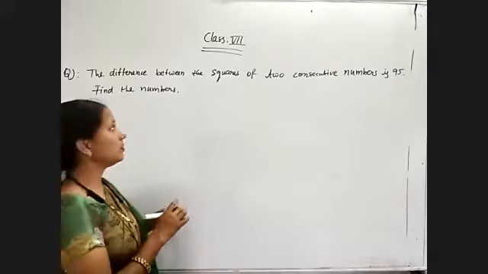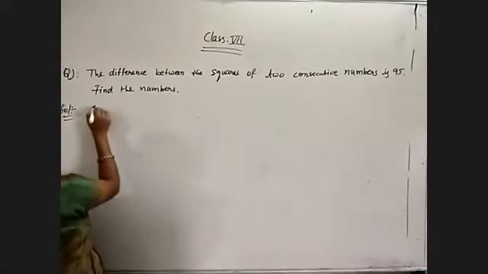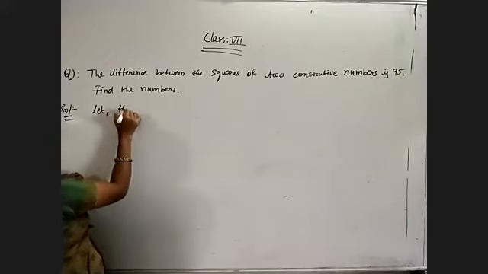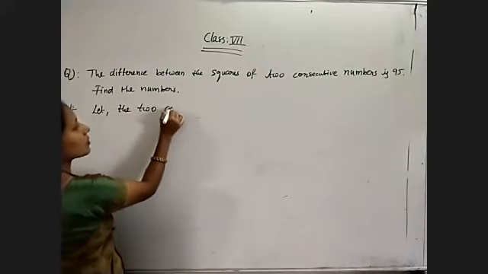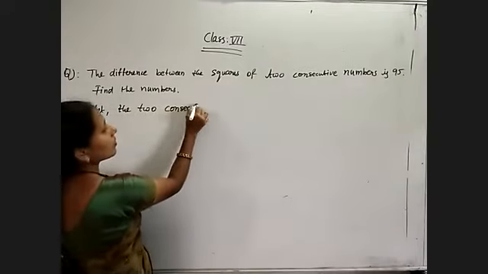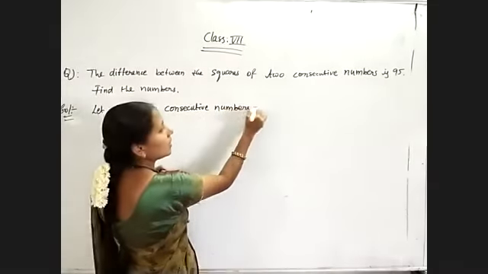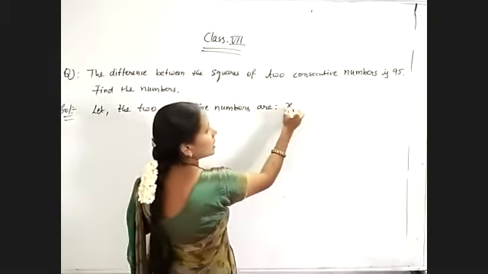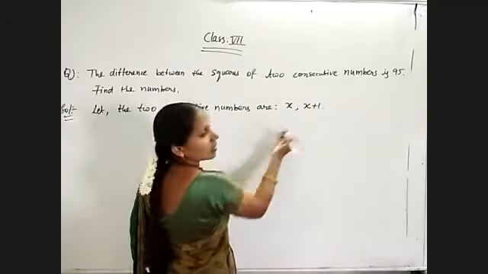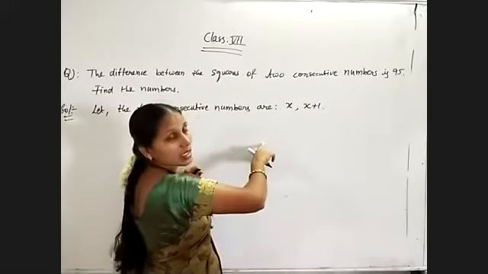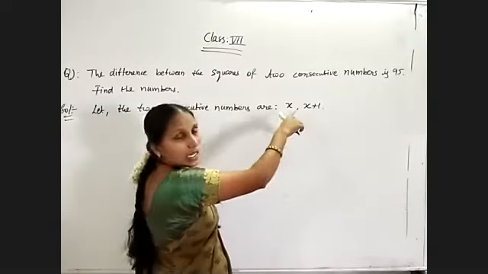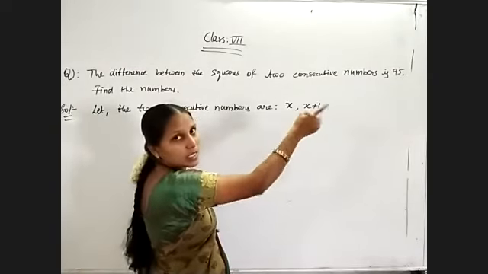Now coming to this question, let the two consecutive numbers be x, x plus 1. Okay, only two numbers. If they are asking for 3, then x, x plus 1, x plus 2, and so on.